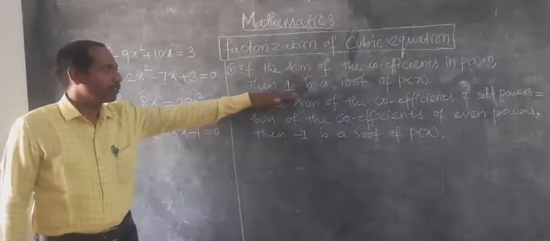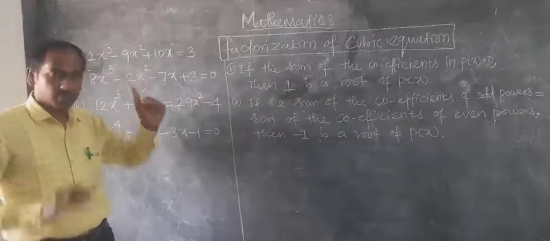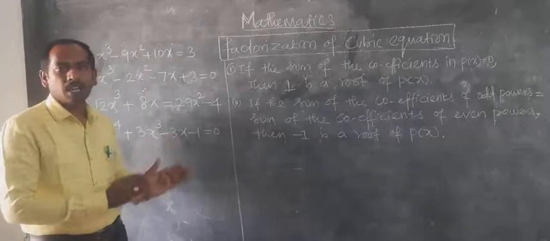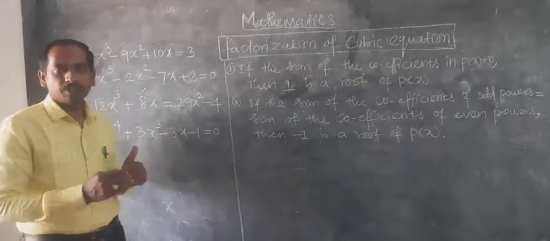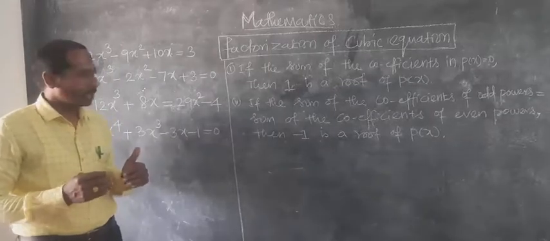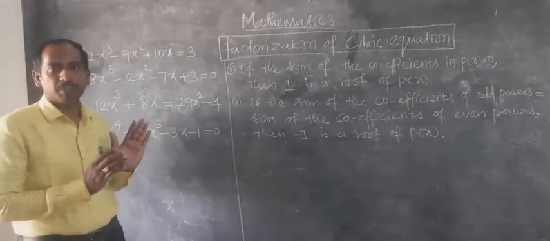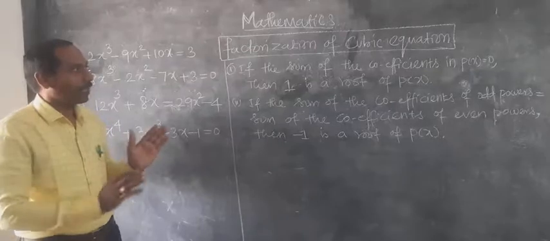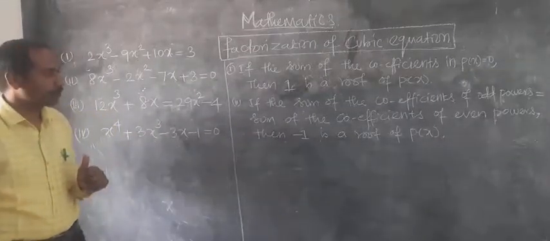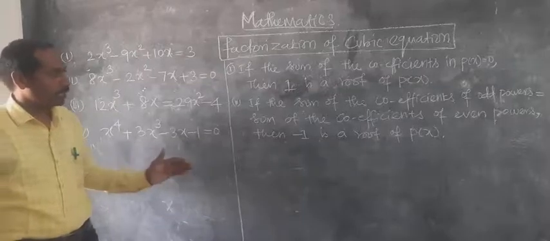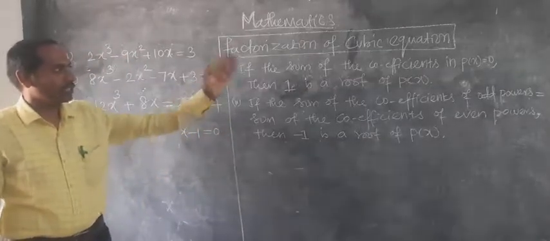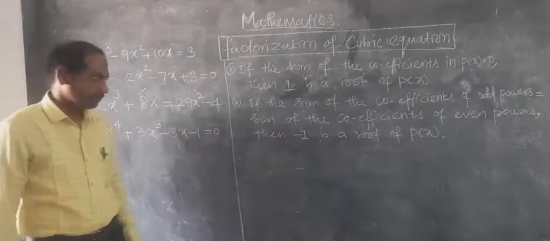Suppose 1 is a root of the cubic equation; to find the other 2 roots we want to use the synthetic method. Also, in the previous video I have put a video on how to find the factorization of a quadratic equation. Just go through my YouTube channel, you can see how we find the factorization of the quadratic equation.